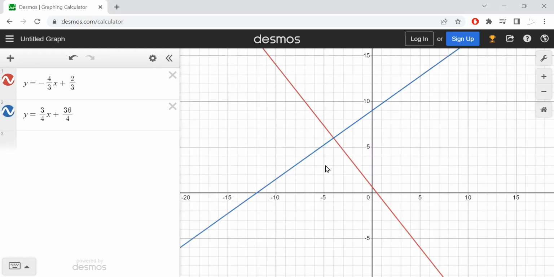Those are the 2 lines. Then here's the point of intersection, -4, 6. Done. Then that's the point S. So now that you know it's -4, 6, let's go back to the iPad screen.